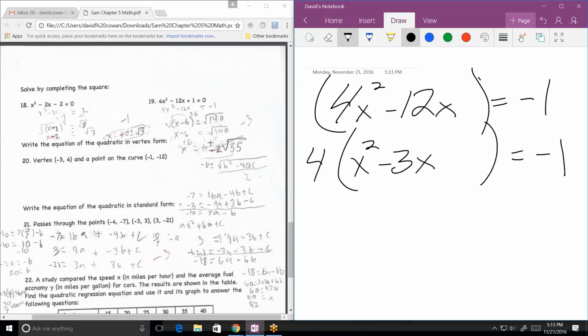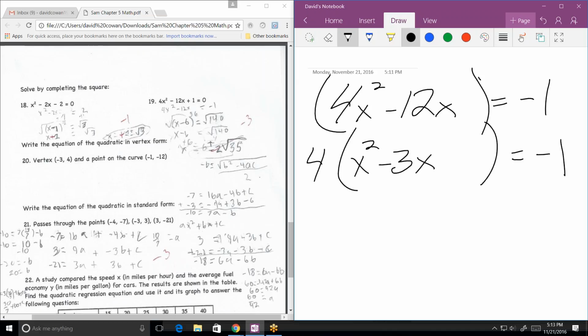Now complete the square inside the parentheses. So it would be negative 1.5 times negative 1.5. It's going to be easier if you leave it in a fraction, not a decimal. And that would equal 2.25, or 2 1/4.